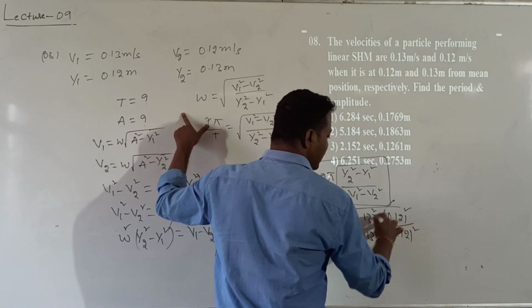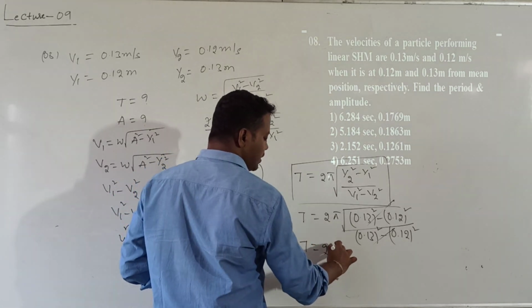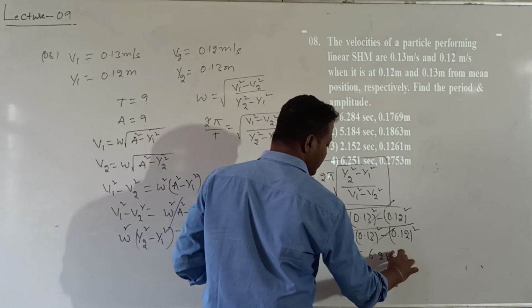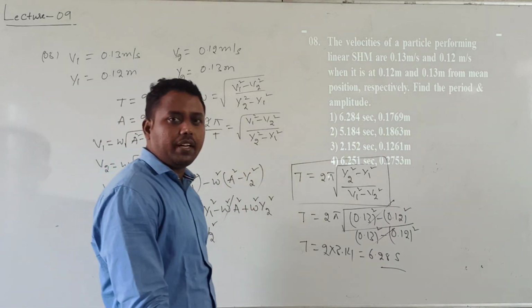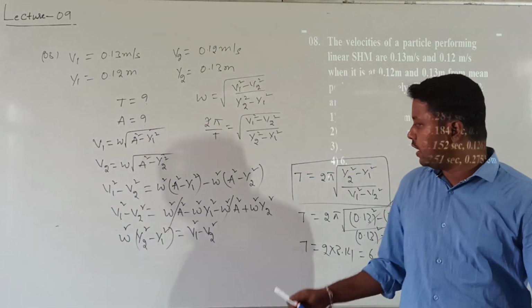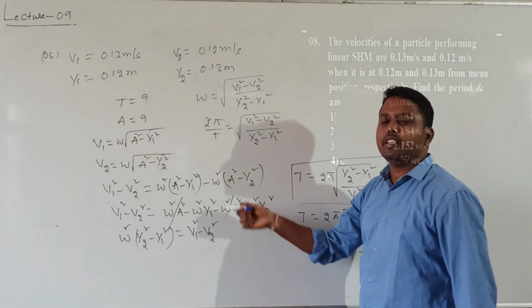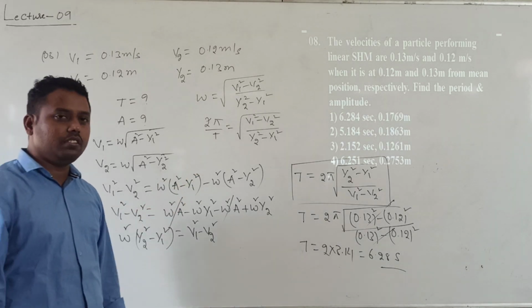So this will cancel. What do I get for T? 2 into pi, which is 3.14, so the answer is 6.28 seconds. You can remember the general formula for T. By remembering it, you can easily do this; every time there is no need to derive it at such length.